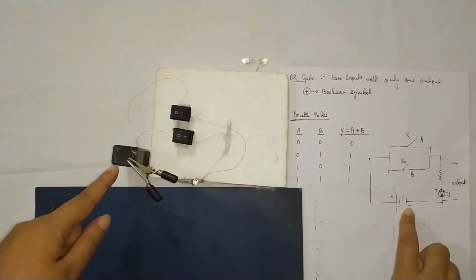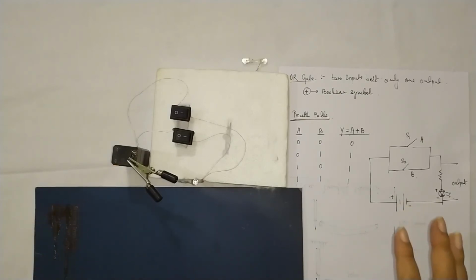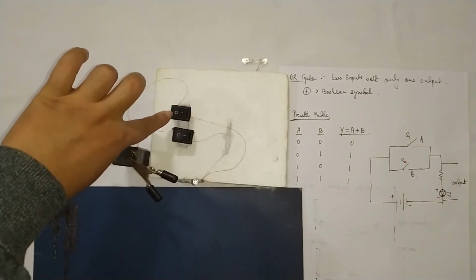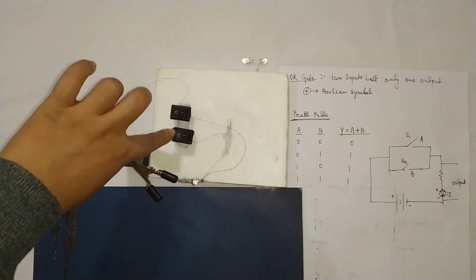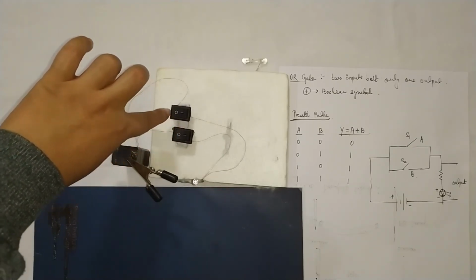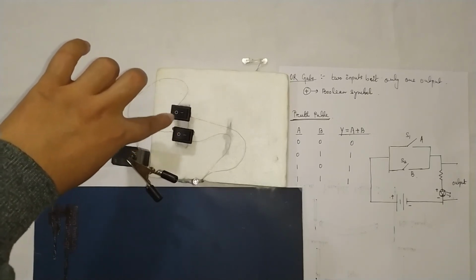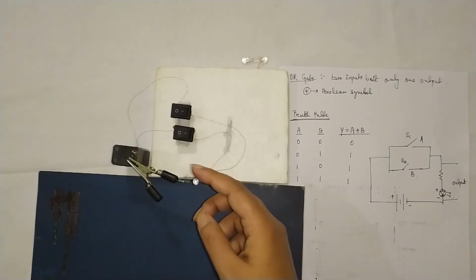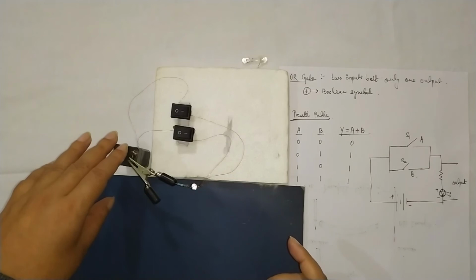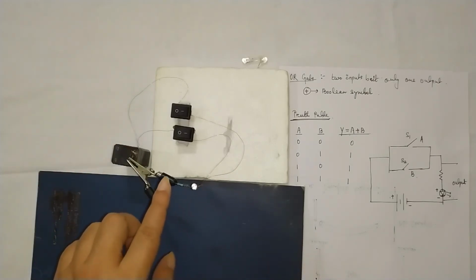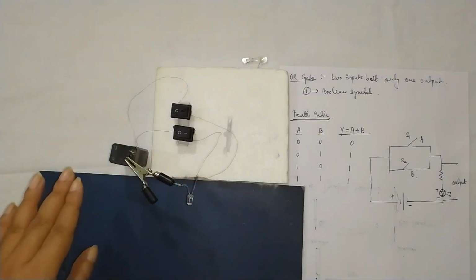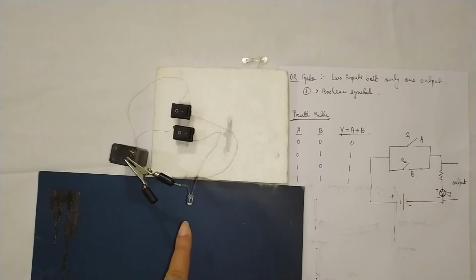Now what we have to confirm here: whenever the switches S1 and S2 are at 0, that means the switches are open, we are not getting any glow of the LED. Let me arrange this so that it is visible. There is no glow of the LED.